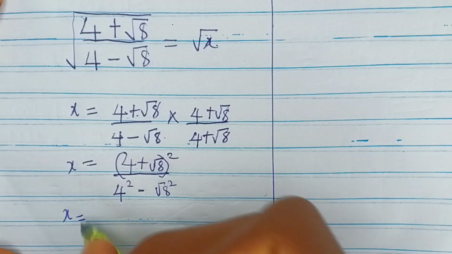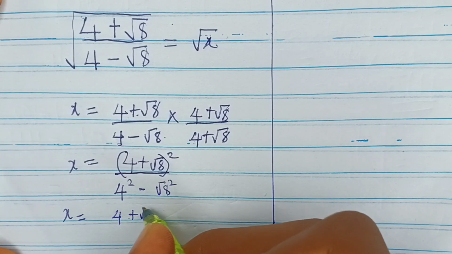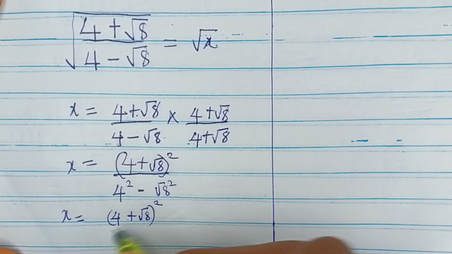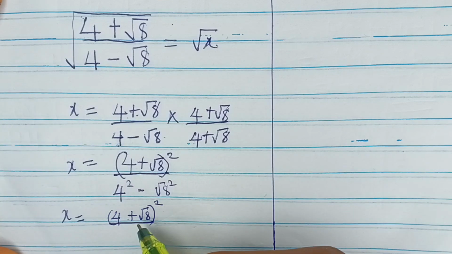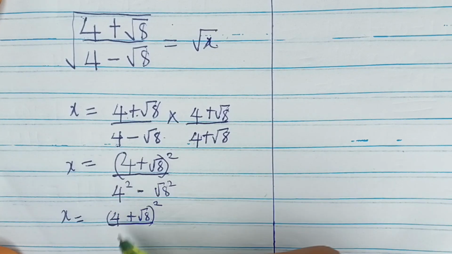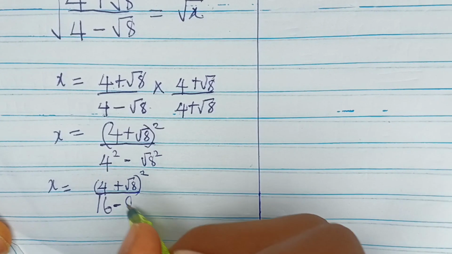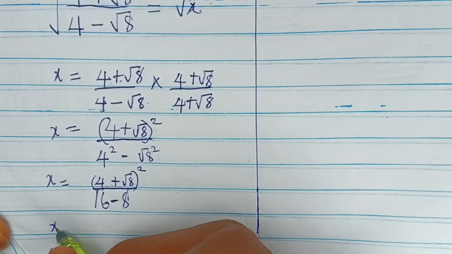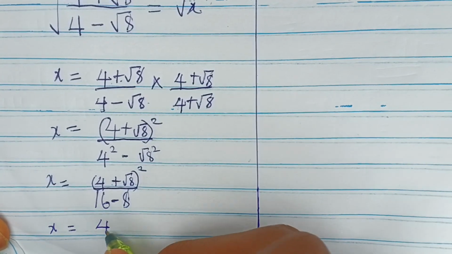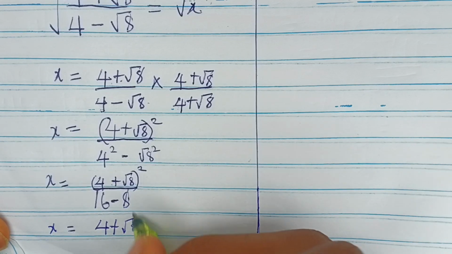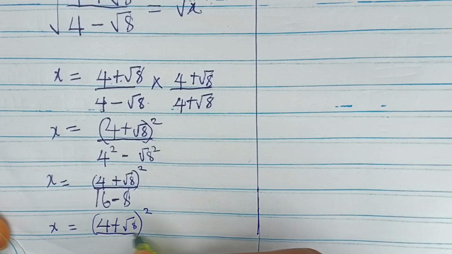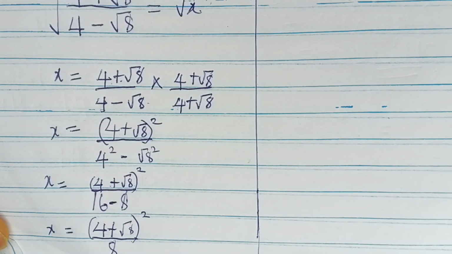Hence, x will be equal to 4 plus root 8 all squared over 4 squared, which is 16, minus root 8 squared, which is 8. Hence, x becomes equal to 4 plus root 8 all squared over 8.